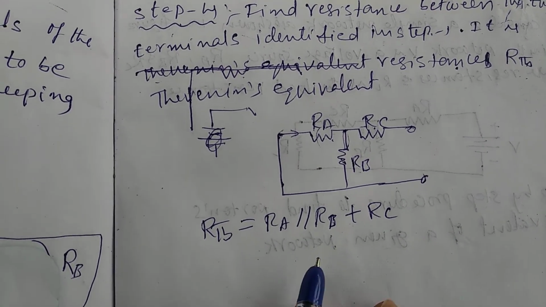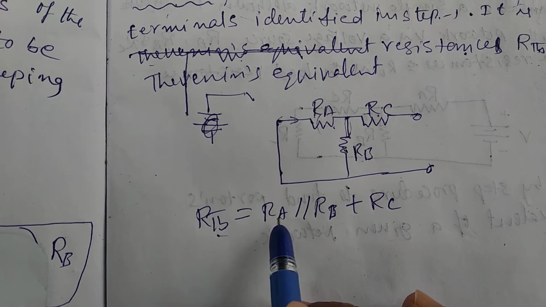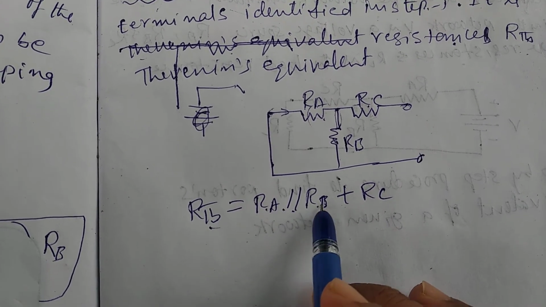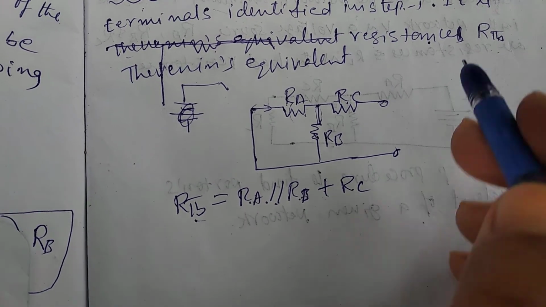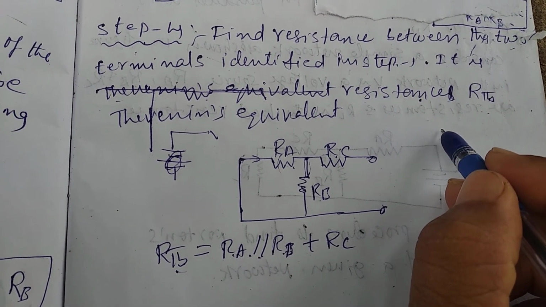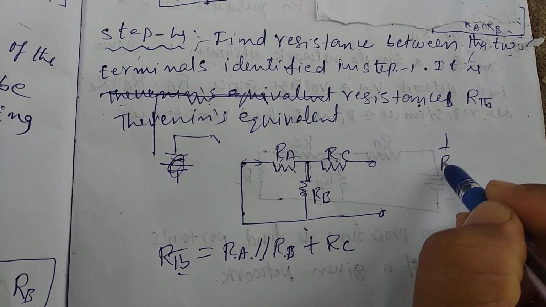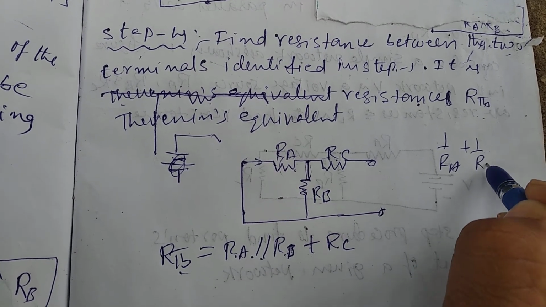Rth equals Ra parallel to Rb, and their combination in series with Rc. The parallel combination can be written as 1 by R1 equals 1 by Ra plus 1 by Rb.